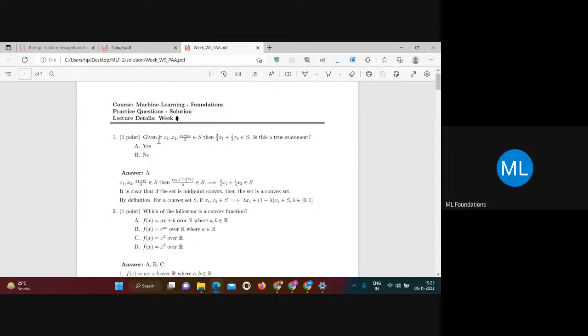So the first statement: given that f(x), x belongs to S, then this also belongs to S. This is a true statement. Has somebody solved this first problem?